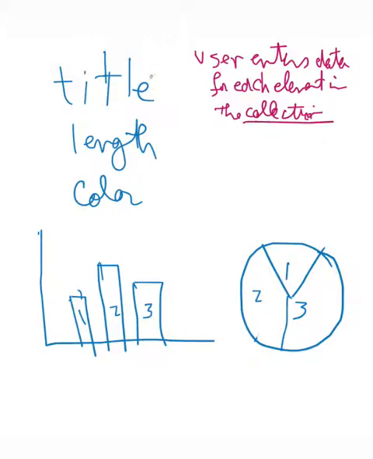So the user will enter a title, a length, and a color about something, and then they come and enter another one, then a third one, then a fourth one. As the user enters the data, the program needs to collect this data.